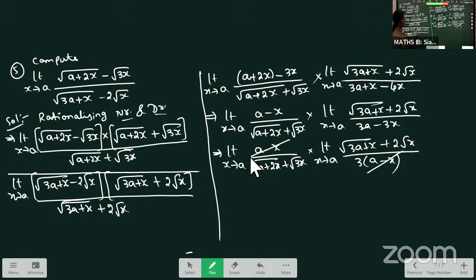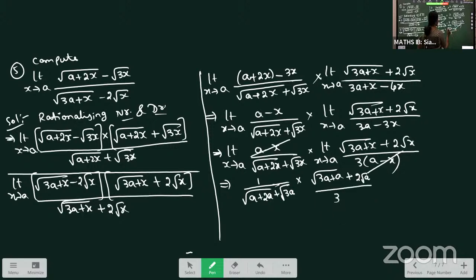Now substitute the limit, wherever x is there, a. Here the numerator is nothing, so 1 by √(a + 2x), meaning a + 2a, plus √(3x), meaning 3a, into the next term, √(3a + x), meaning 3a + a, plus 2√a, by 3. So 1 by √(a + 2a) is 3a, plus √(3a). This is one term, into 3a + a, 4a.